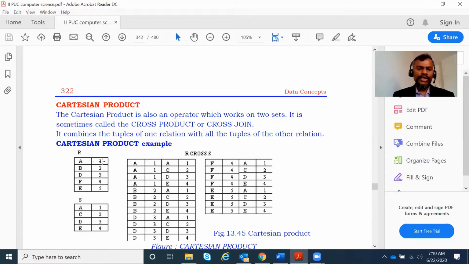Same way for the first record A1, it goes to the third record until it exhausts the second table. Then again, it goes to the second record and does the same thing. So basically, this is called a cross join. It's more like matrix multiplication. You are multiplying every record of the first table with all records of the second table. Make sense?